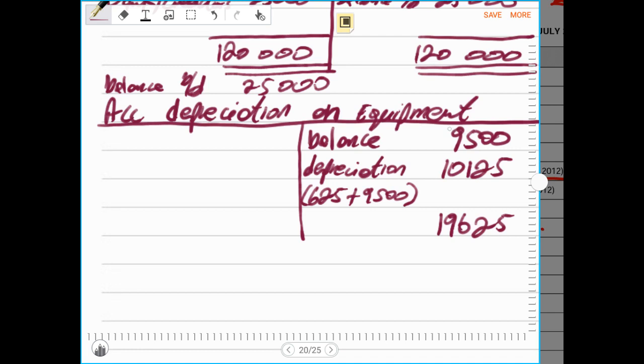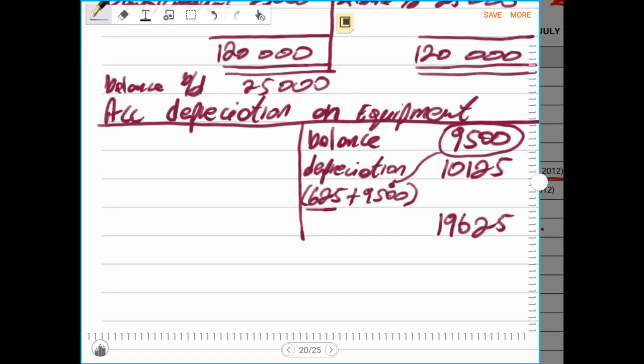Listen carefully. 9,500 is the accumulated depreciation for the old equipment, because the new equipment was just acquired during the current year, and we have calculated depreciation for that to be 625. Therefore, there is no depreciation for any other equipment in the opening balance except the old equipment. So that is the total accumulated depreciation for the old equipment, and we have added depreciation for the current year for the old equipment that has been disposed at the end of the current year.